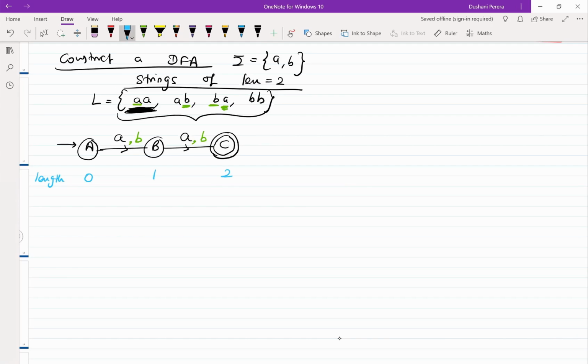After C, any input symbol added to the input string will exceed the length constraint that I gave initially, which means everything beyond here goes to greater than 2. I don't accept those in this language, because I have clearly said that strings should be of length 2, which means more than 2 are not accepted.